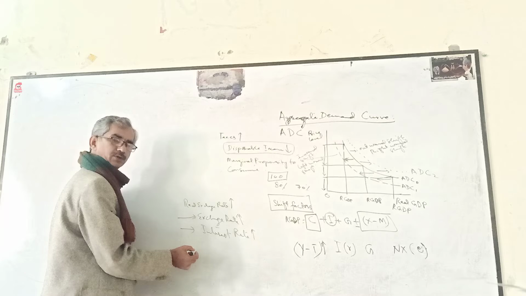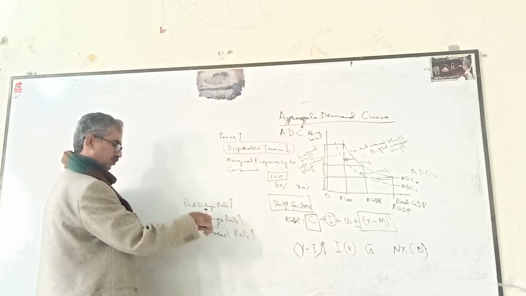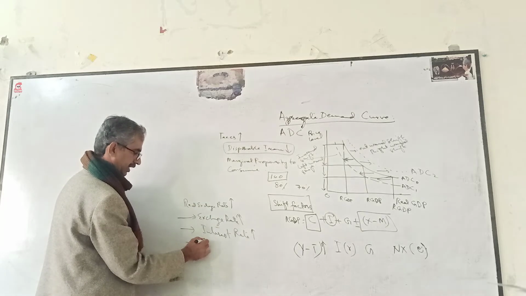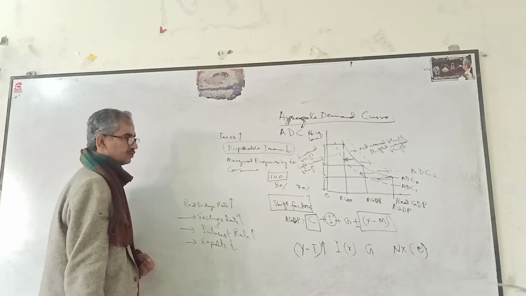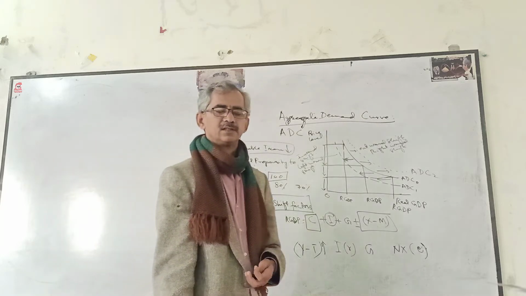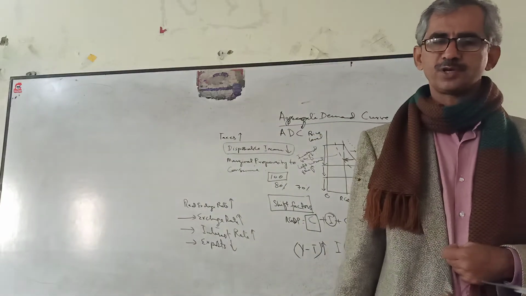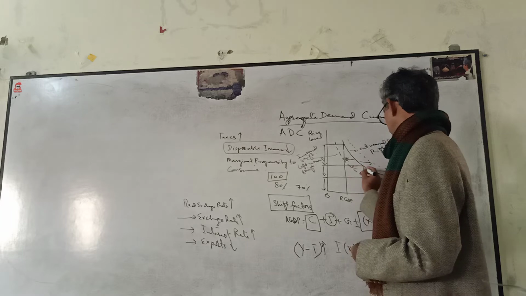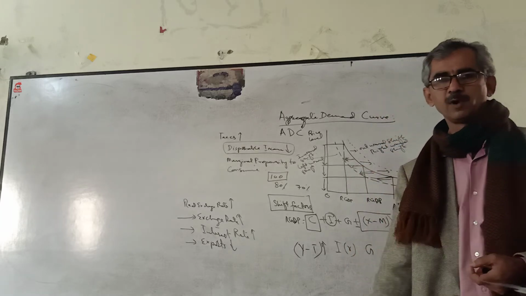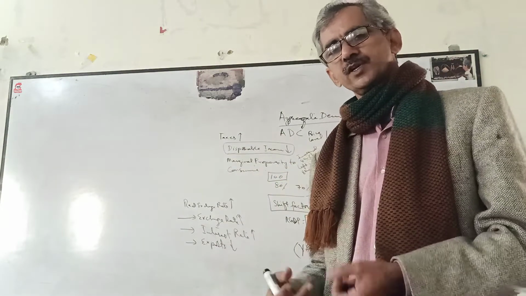And when the interest rate increases because of the real exchange rate increase, your exports will decline. So when exports decline, there will be an inward shift in the aggregate demand curve.